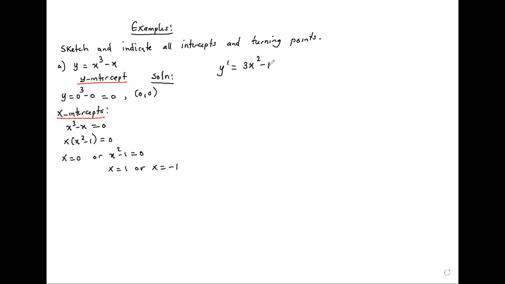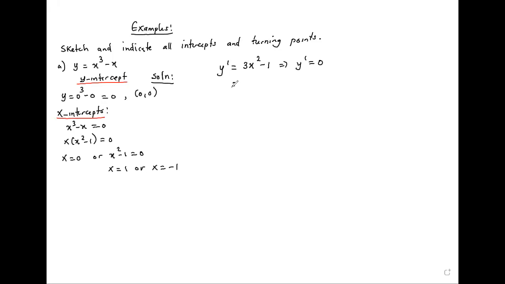And then equate the first derivative to 0. So solve y prime is equal to 0, for us to get the values of x, that gives us the y values to form the points that are called turning points.